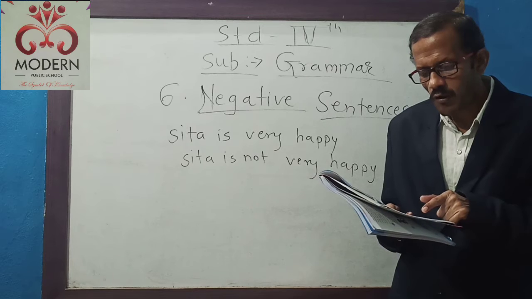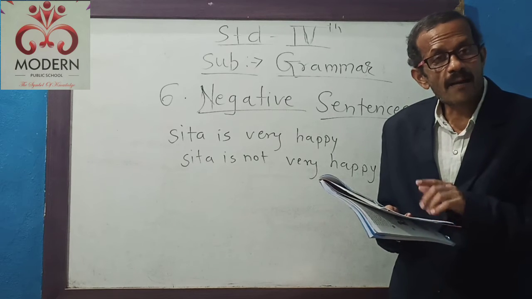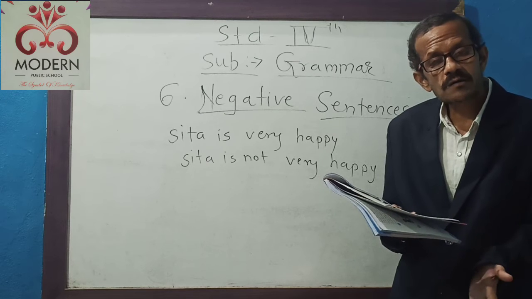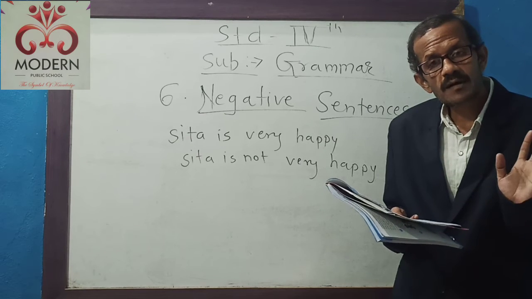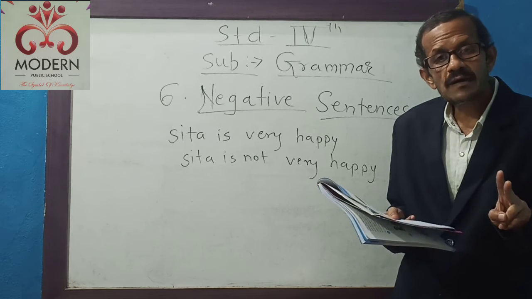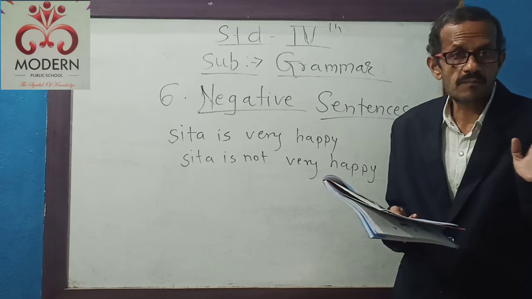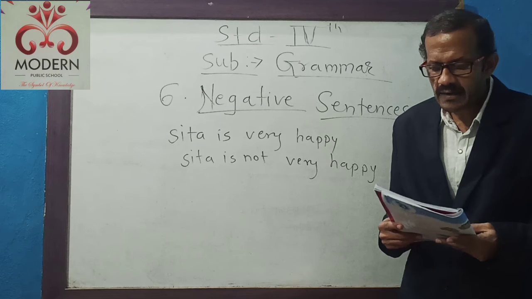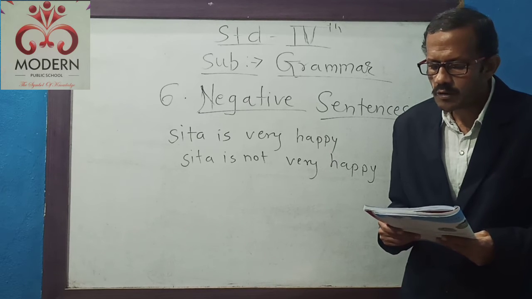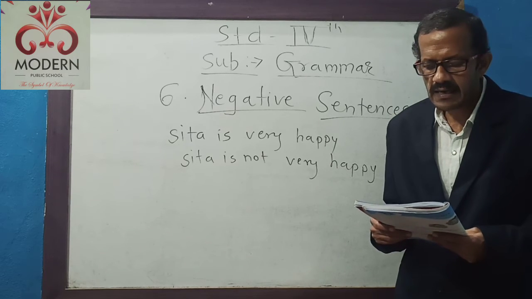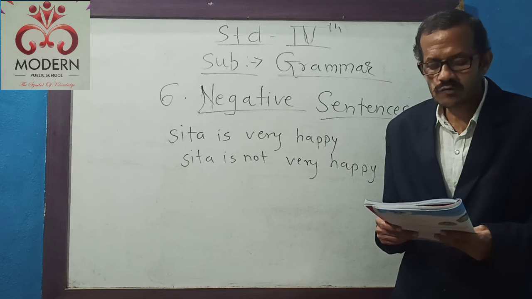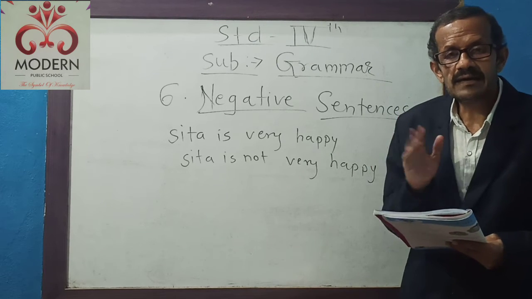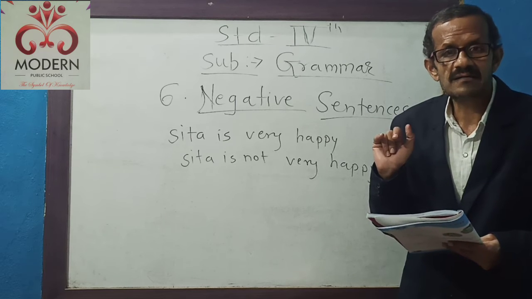Means, first of all, we have to write she is. And after the first verb, we have to write not before the second verb. Means, we have to write the not between the first verb and the second verb. That is important. To make an imperative sentence negative, we put do not or don't at the beginning of the sentence. For example, students, come inside. When we enter the class, the teacher tells us, come inside.